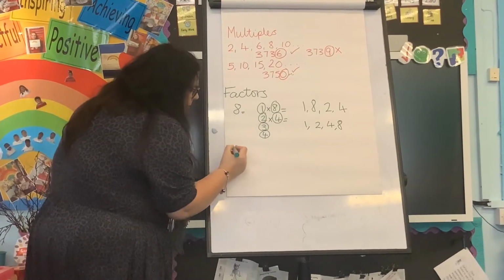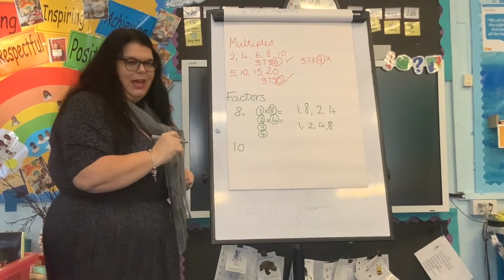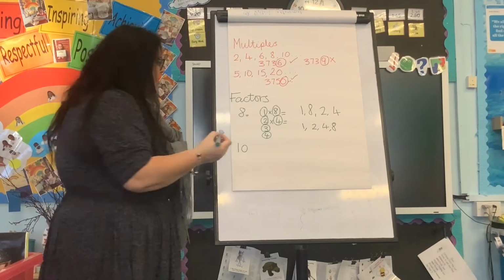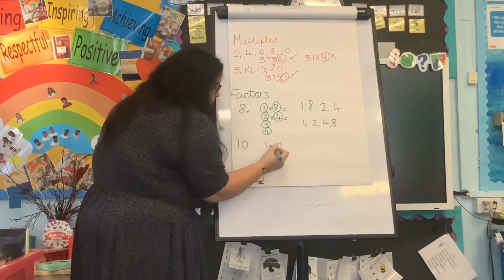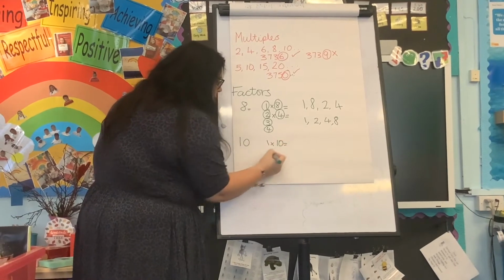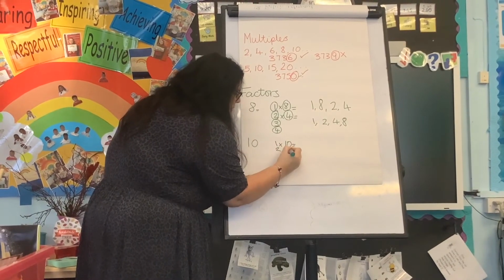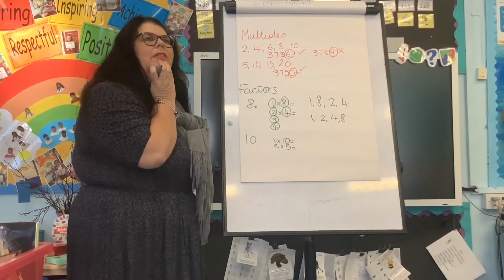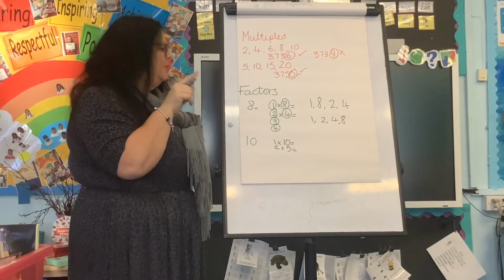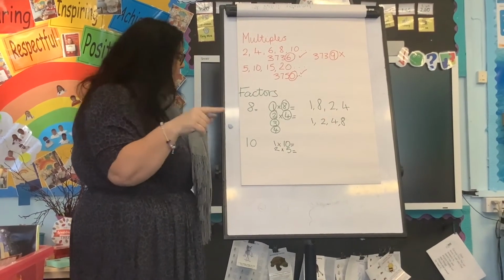So if we were thinking about the number 10, what's a factor of 10? 1 is always going to be a factor, isn't it? So let's think, we've got 1 times 10. Can I have a 2 times something? Well, I can, can't I? Because I have 2 times 5. Can I have a 3 times something? Now 3 times 3 would be 9, and 3 times 4 would be 12, so that's not going to work.